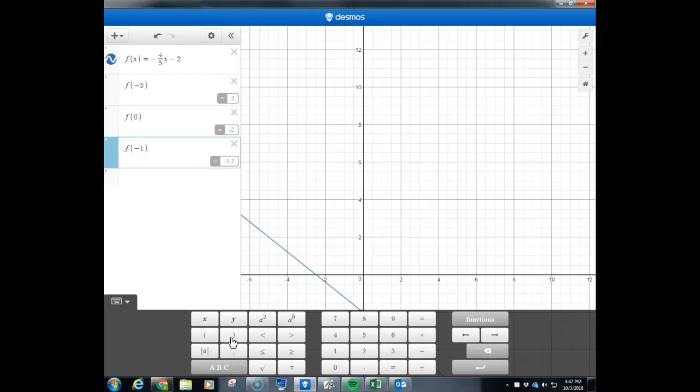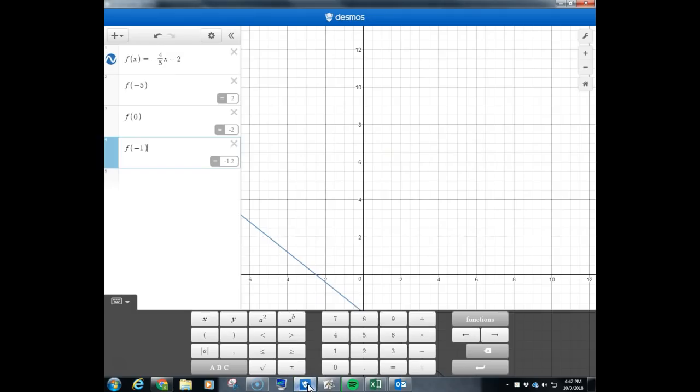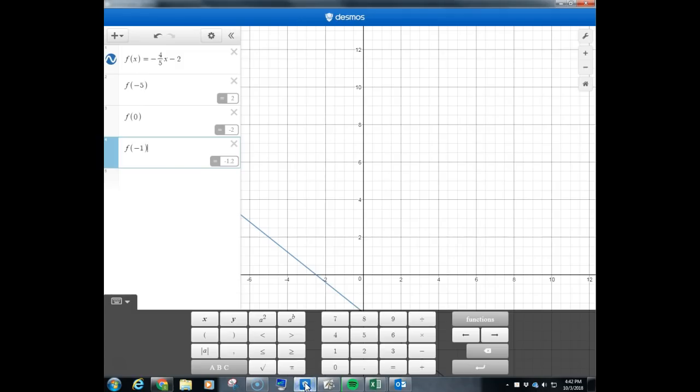Okay, so I have 2, negative 2, and negative 1.2. I'm going to go to my answer choices, and the y's are, so you can write f of negative 5 equals, f of 0 equals, and f of 1 equals. So f of 0 is negative 2, f of negative 5 is 2, and f of 1 is negative 1.2.